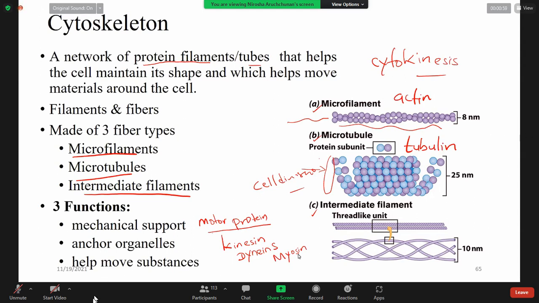There are three main functions we can see: mechanical support and anchoring the organelles. We already discussed how the organelles are suspended, with help and support given by the cytoskeleton. Motor proteins help to anchor the organelles, giving equal pressure from both the cell membrane side and the nucleus side, and they also help to move substances throughout the flow.